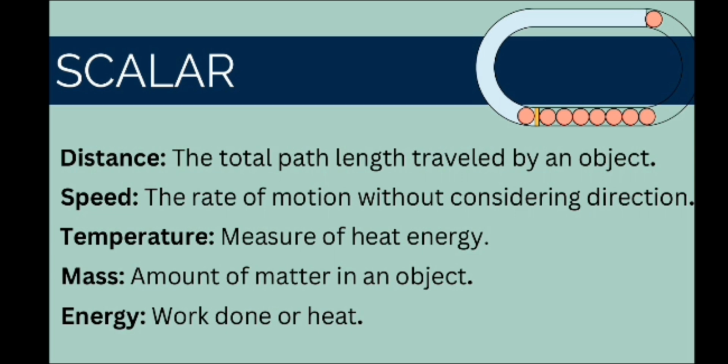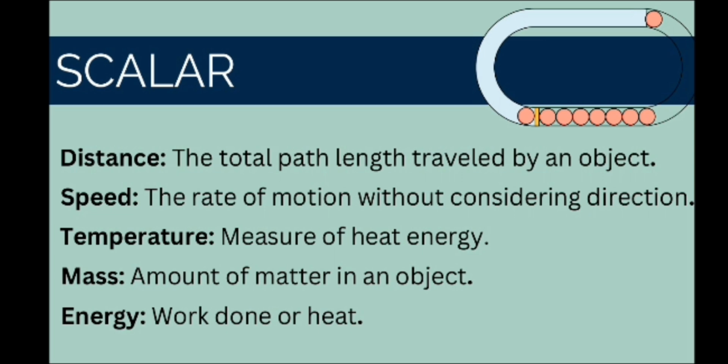And temperature. Temperature measures how hot or cold something is, and it can be described in Celsius. Temperature is a measure of heat energy. The next one is mass, the amount of matter in an object.